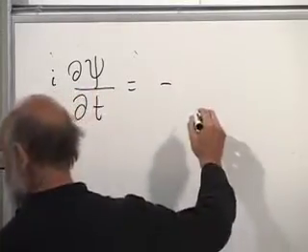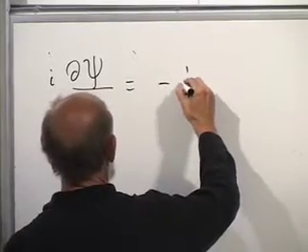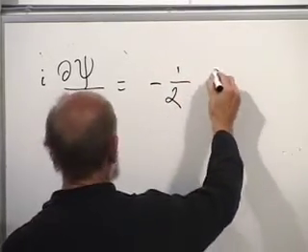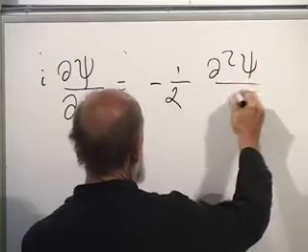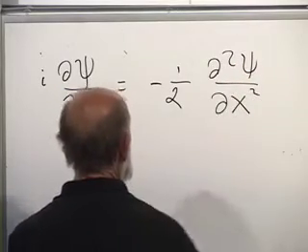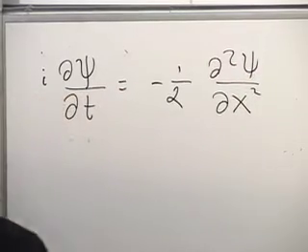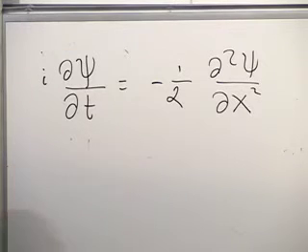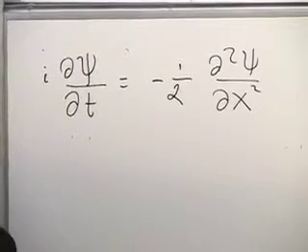Minus 1/2 d second psi by dx squared. Is that a partial t on the left? Yeah. Well, that's a partial derivative because it means you keep x fixed.